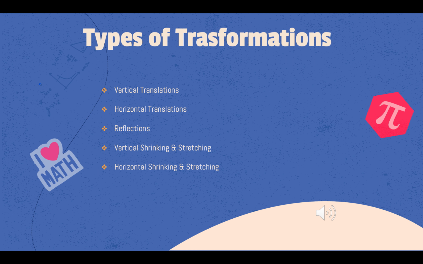So just a quick overview of the different types of transformations that are possible in sine and cosine graphs. There's vertical translations, horizontal translations, reflections, vertical shrinking and stretching, and horizontal shrinking and stretching.